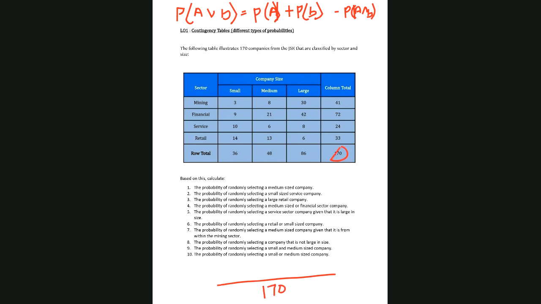Retail we denote by A, and B would be small-sized companies. Retail is 33, plus small-sized companies, which is 36, and then you subtract retail and small, which is 14. This gives you an answer of 0.32.